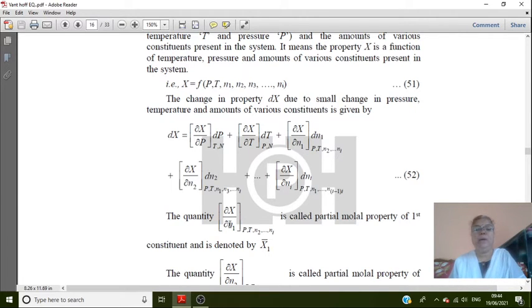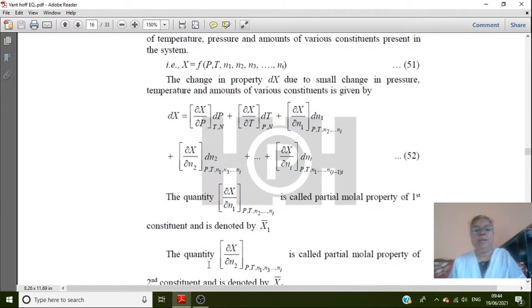Here our property is X, so we put a bar over the head of this X, and it is denoted by X1 bar. X1 bar is the partial molar property of the first constituent.